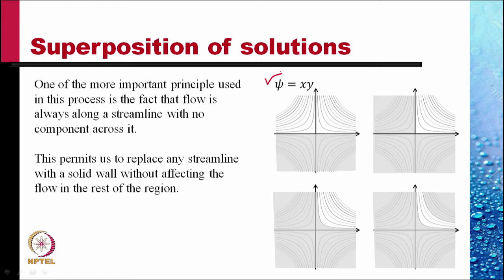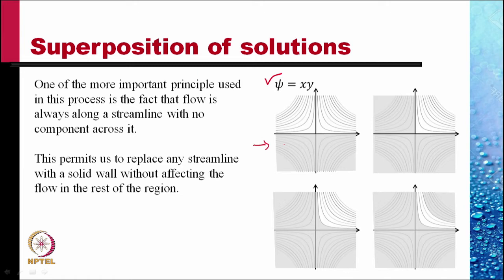Now, in this first picture, we have replaced the x-axis with a wall so that psi is equal to xy represents the flow in the upper half plane, the flow directed towards the wall perpendicularly.